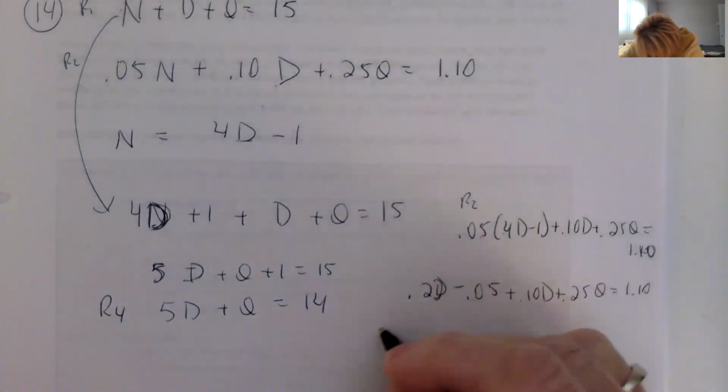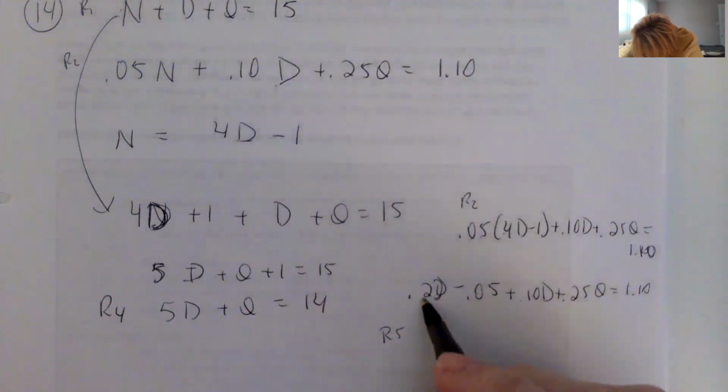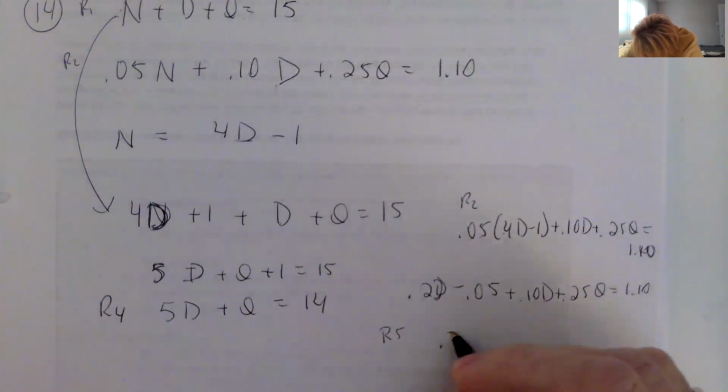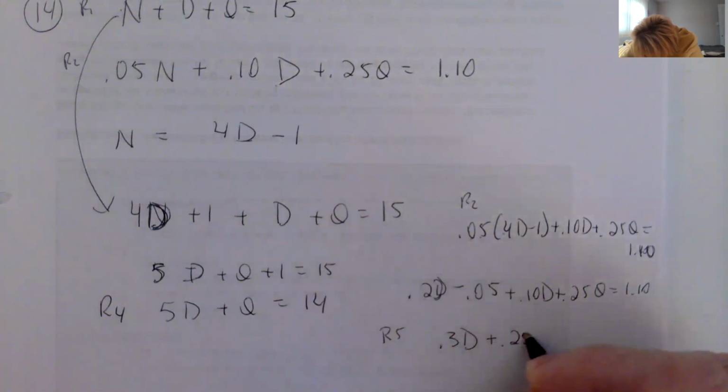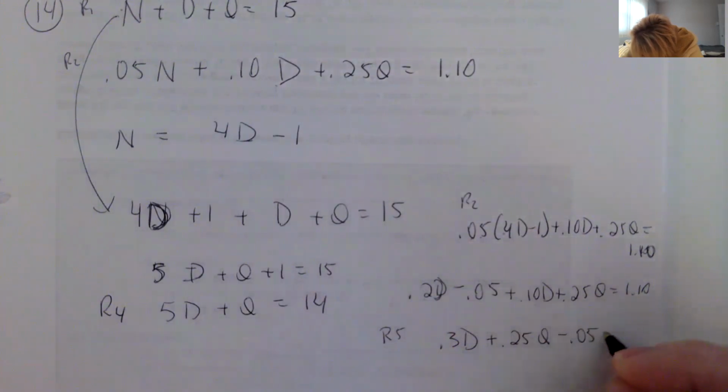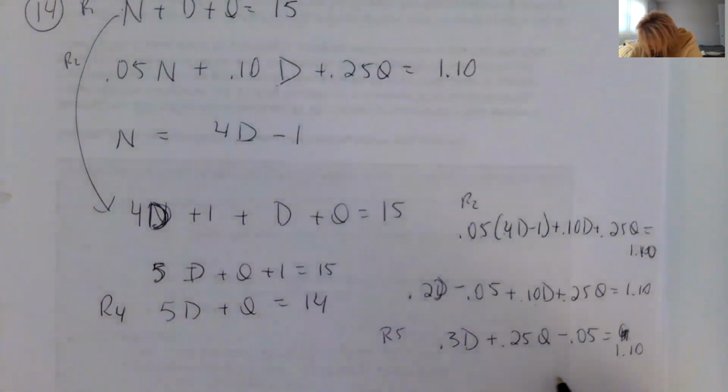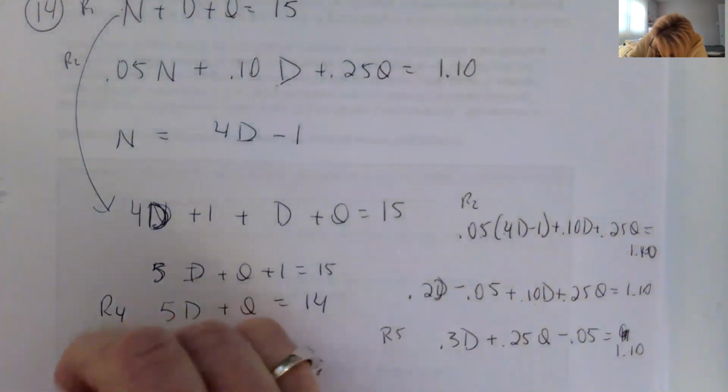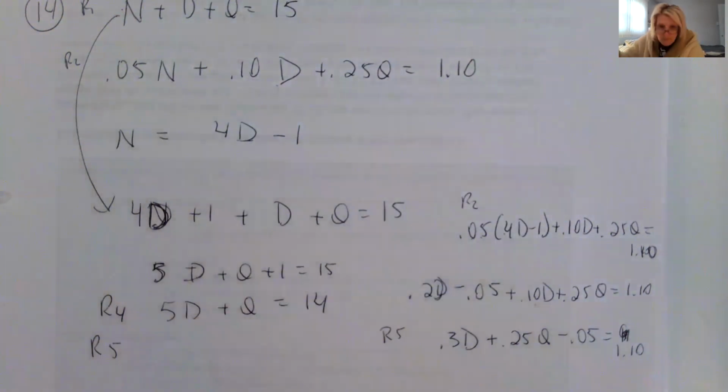So let's get this. So row 5 is really the 0.2D and 0.1D, so 0.3D plus 0.25Q minus 0.05 equals $1.10. So when we add the 0.05 to both sides, we get our final row 5 over here.